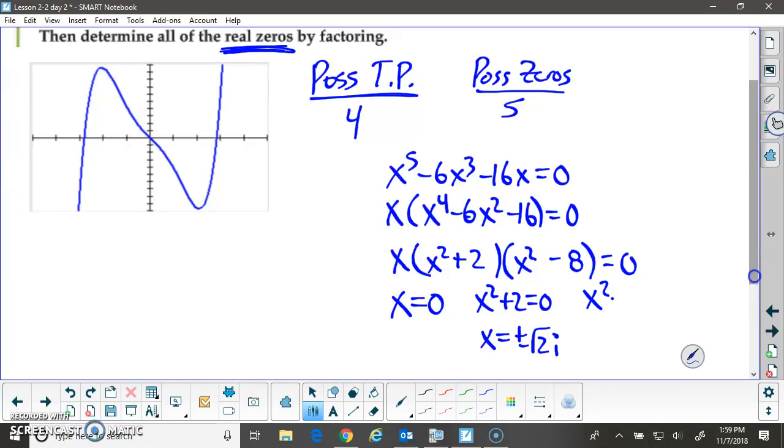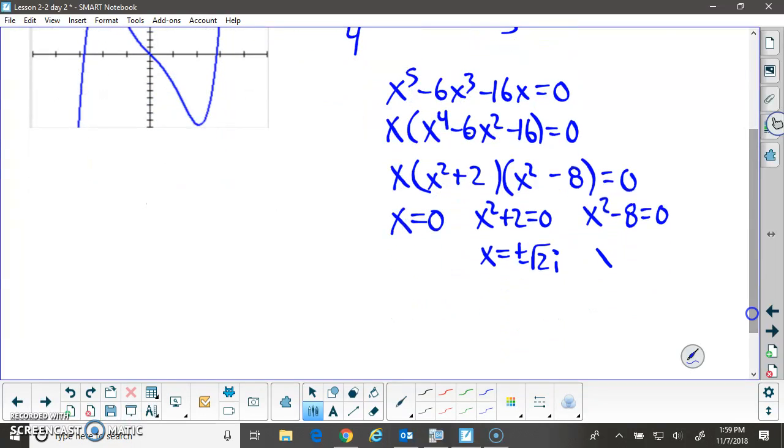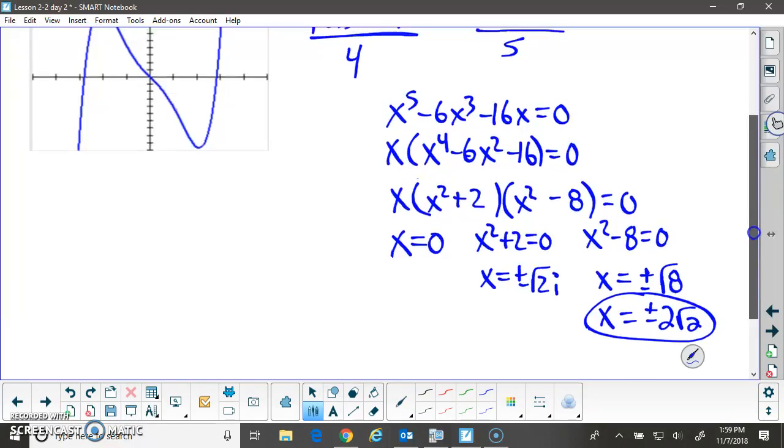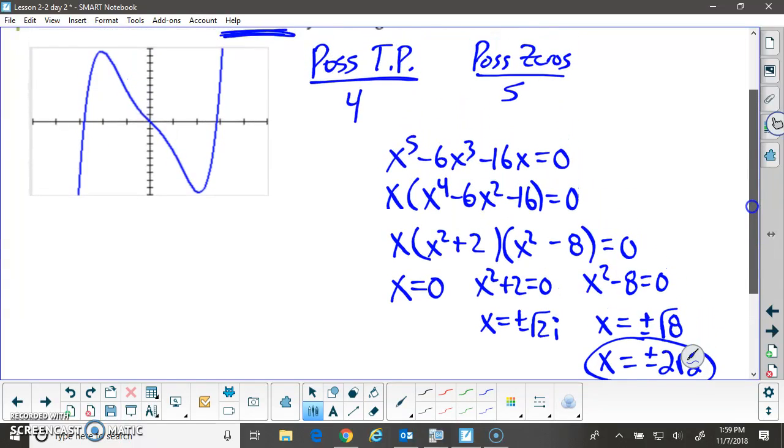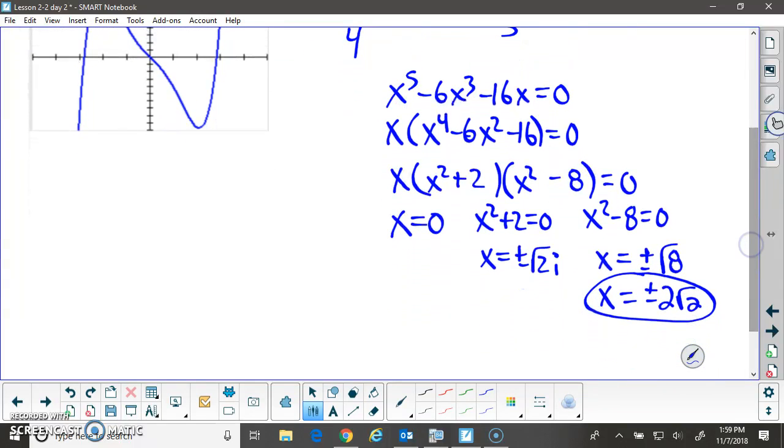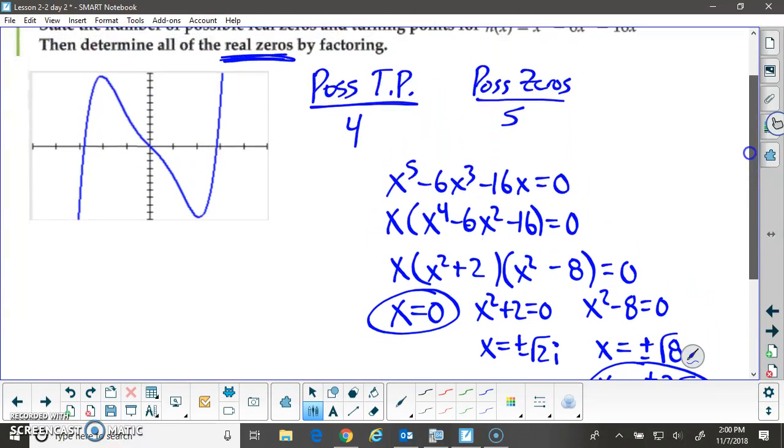But if we set x squared minus 8 equal to 0 and solve that, that's going to give us x equals plus or minus the square root of 8, which we should probably simplify into 2 square root of 2. Well, 2 square root of 2 is roughly 2.8, 2.9. So we've got positive 2.9, negative 2.9, and 0. And if you look at the graph, sure enough, it is crossing at positive 2.9, negative 2.9, and 0.